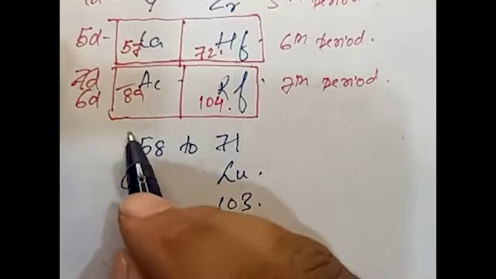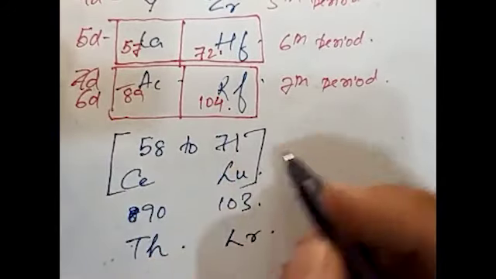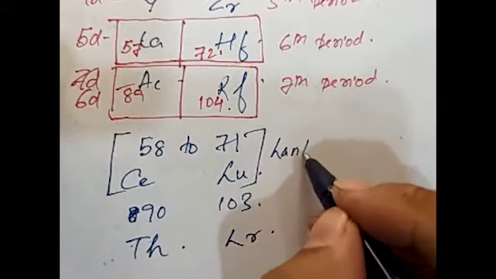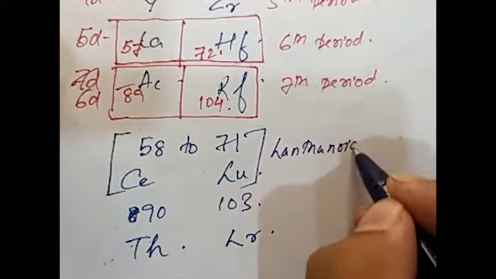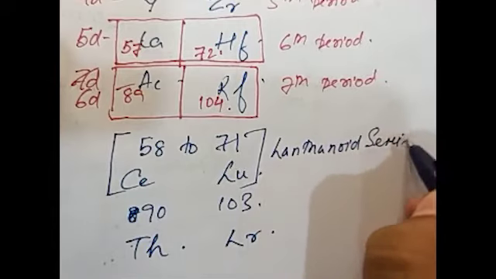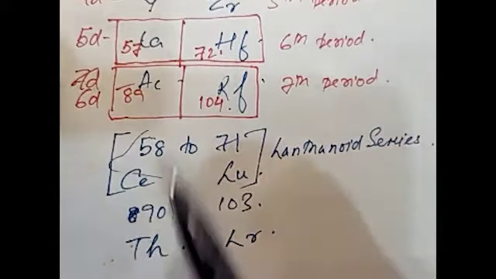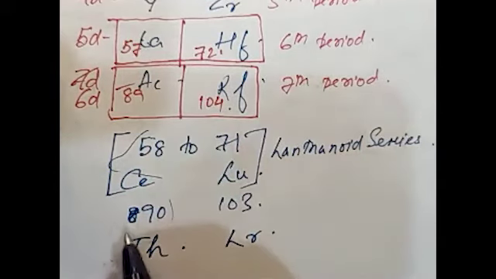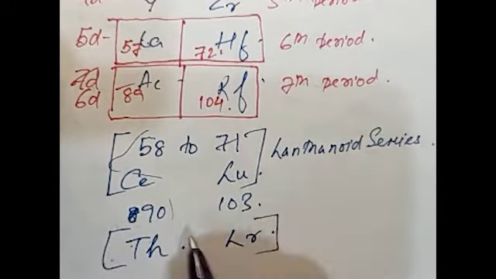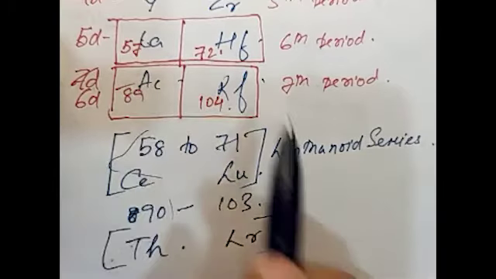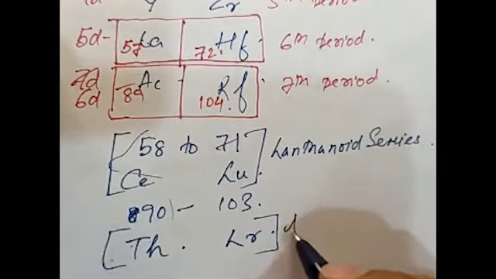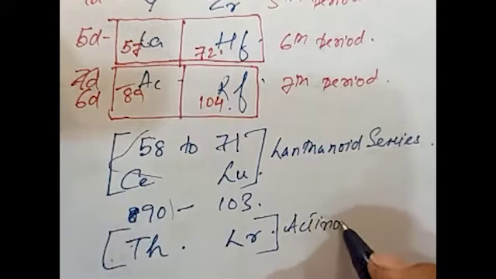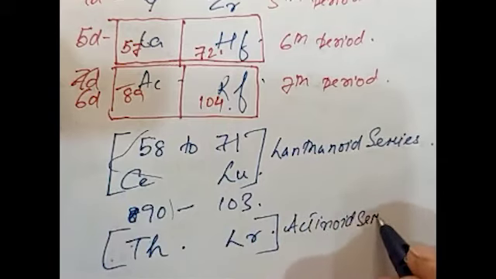So these elements are known as the lanthanoid series because they are the 14 elements after lanthanum. Thorium to lawrencium is also 14 elements, and it is coming after actinium, so it is known as the actinoid series.